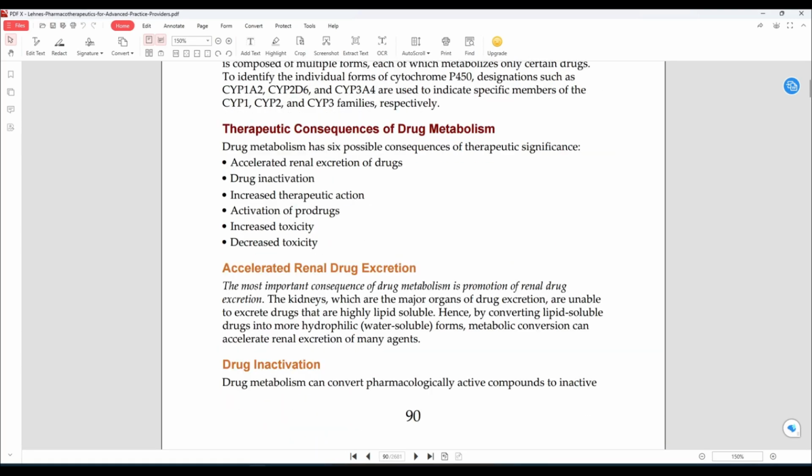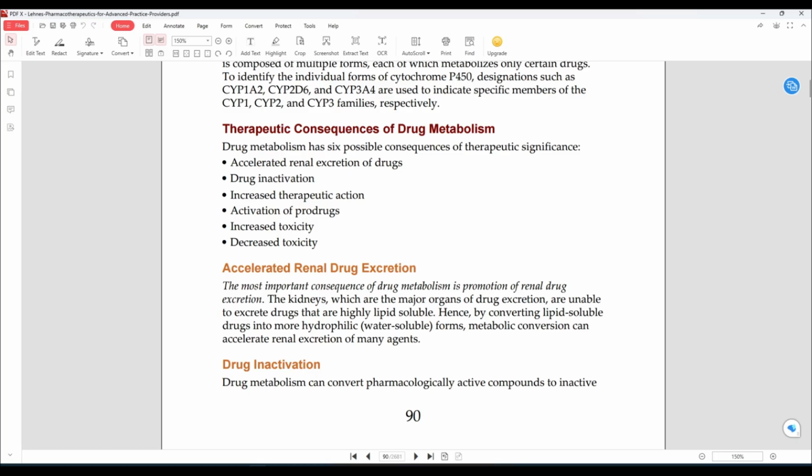So, therapeutic consequences of drug metabolism. Drug metabolism has six possible consequences of therapeutic significance: the accelerated renal excretion of drugs, drug inactivation, increased therapeutic action, activation of prodrugs, increased toxicity, or decreased toxicity. So, accelerated renal drug excretion.